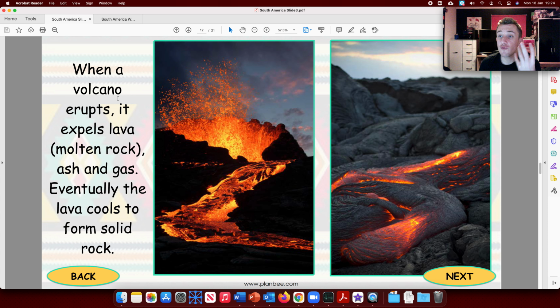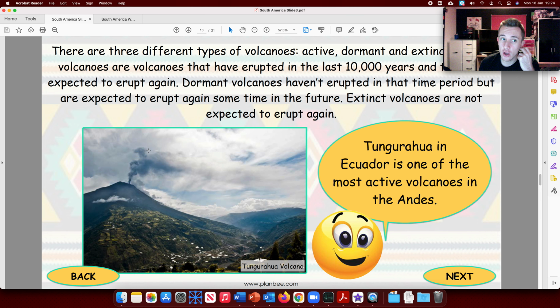When a volcano erupts, it expels or shoots out lava, molten rock, not magma. As soon as it leaves the volcano, it becomes lava. Before it leaves, it's magma, ash and gas. When that lava cools, it forms solid rock, which leads to the formation of volcanoes.